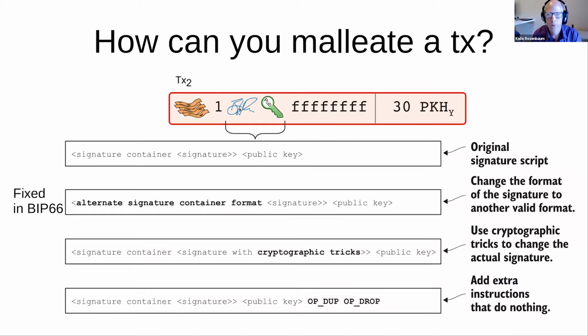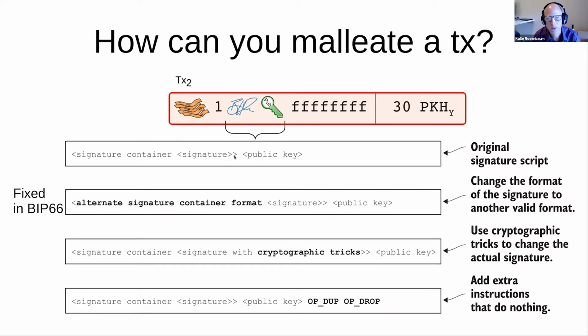So if we look closer at this signature script, we can see that it contains a signature and a public key. And the signature itself isn't just a raw signature. It is encoded in a certain way. It is encoded with something called DER encoding.